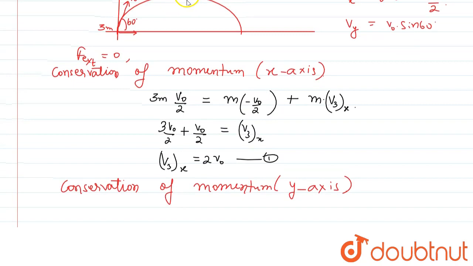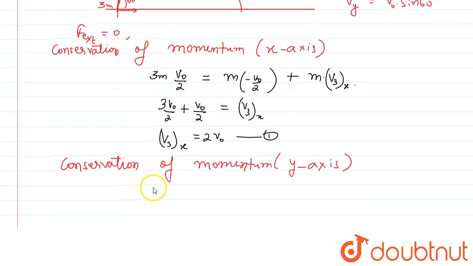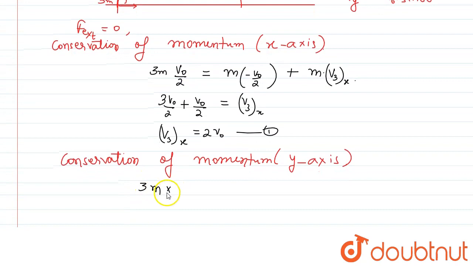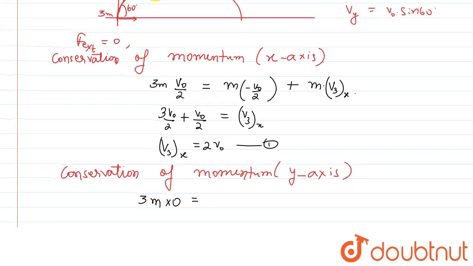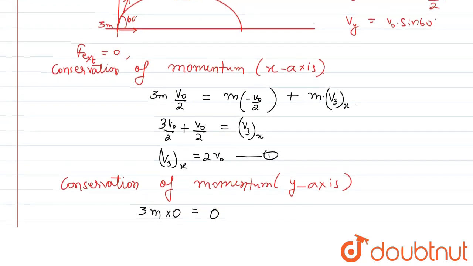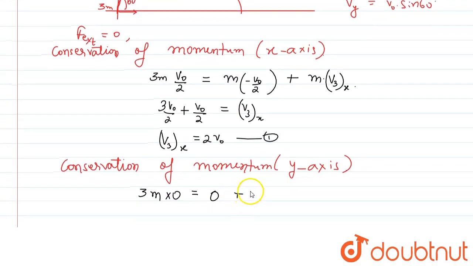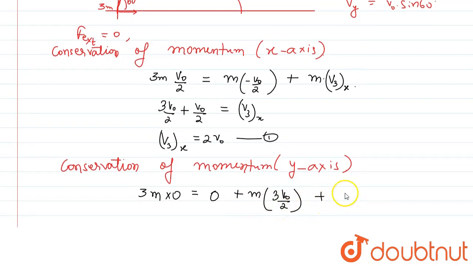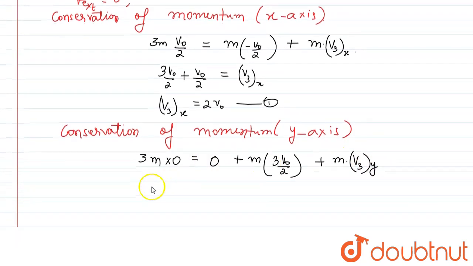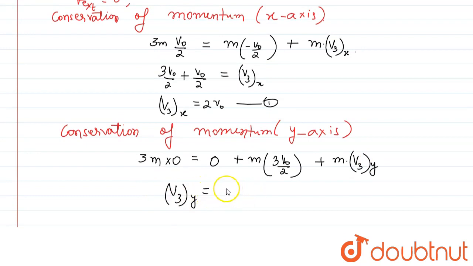The particle has only the horizontal velocity, so its initial momentum will be 3m into 0, and this is equal to the final momentum: particle 1 has no y component, so it is 0, and particle 2 has 3v0 by 2 along y, so plus m into 3v0 by 2, and the third particle, let us say, has velocity v3 along y. We solve this and we get v3 along y as minus 3v0 by 2.